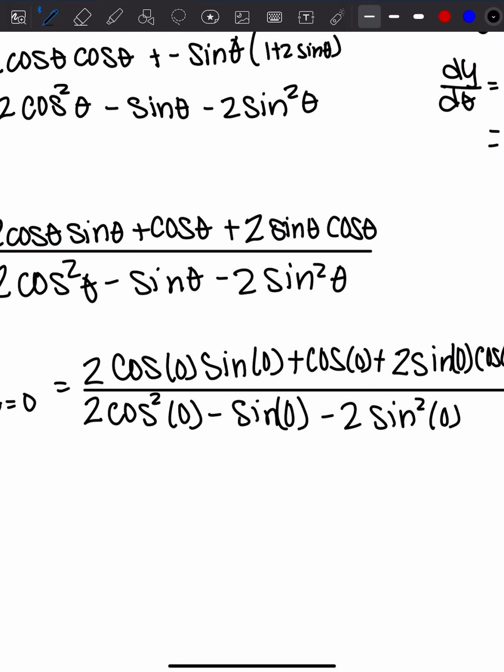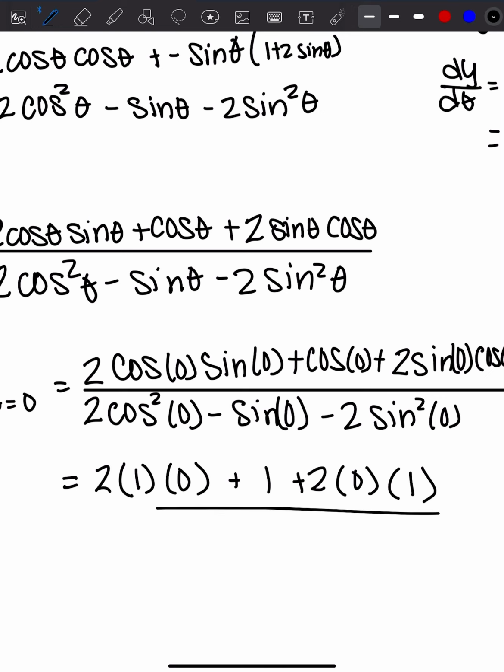So when we're thinking about the unit circle, at 0, our cosine, our x value, is 1, sine is 0. So I have 2 times 1 times 0. So all of that's going to go away. Plus 1 plus 2 times 0 times 1. On the bottom, I have 2 times cosine squared.